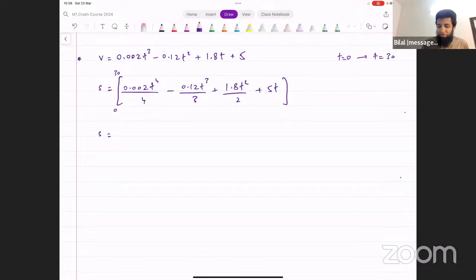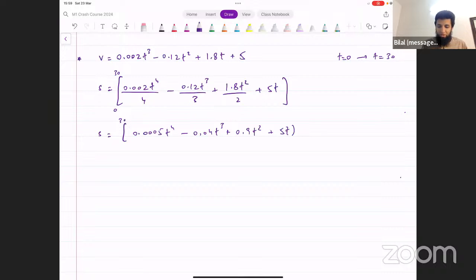Let's simplify this function first. 0.002 divided by 4 is 0.0005 t raised to power 4 minus 0.04 t cube plus 0.9 t squared plus 5 times t.